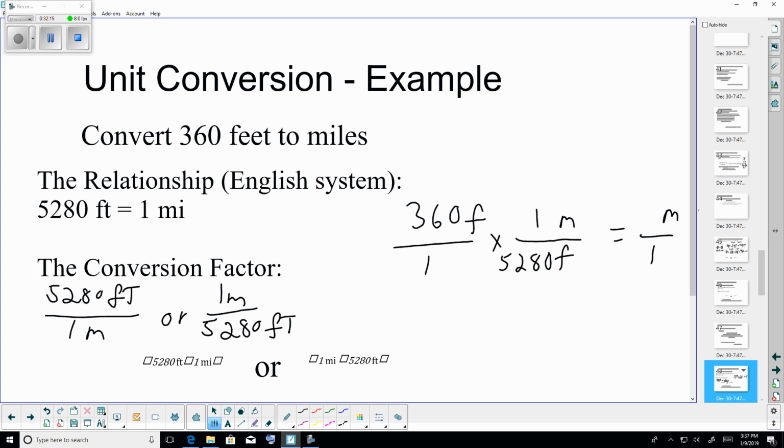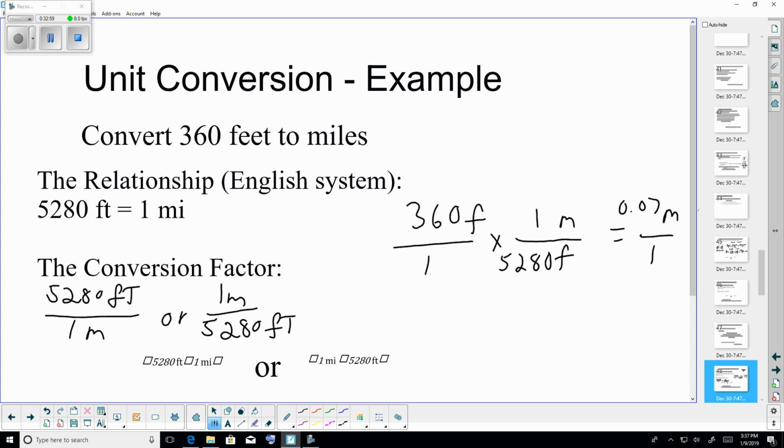0.06 something? 0.067? It's 0.067 what? Oh, you say 0.07. How many significant figures there? No. The leading zeros are never significant.